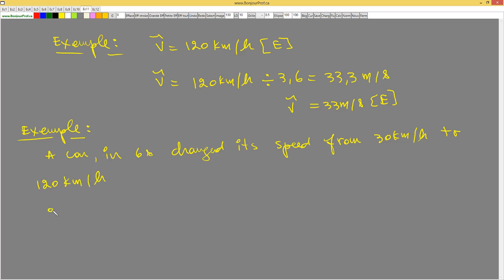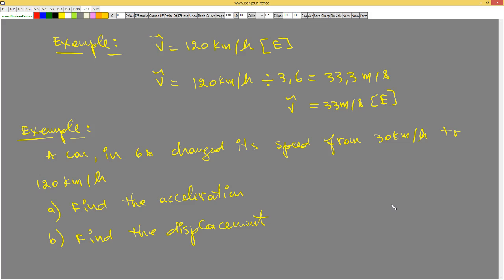Question A: find the acceleration. B: find the displacement.